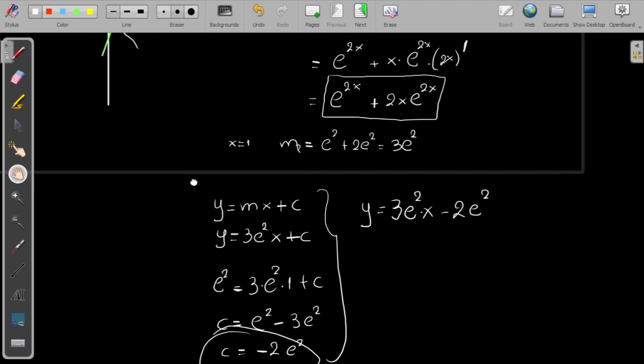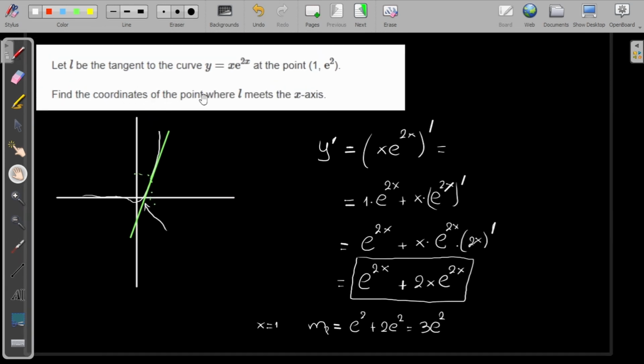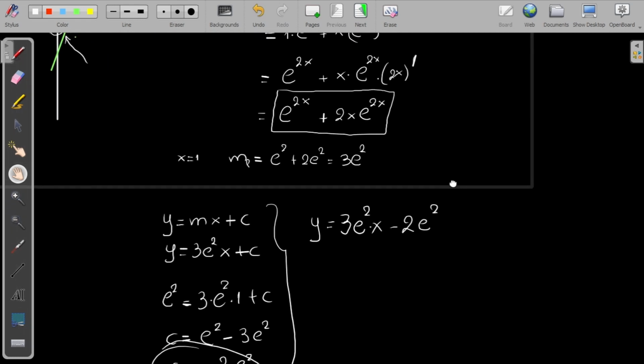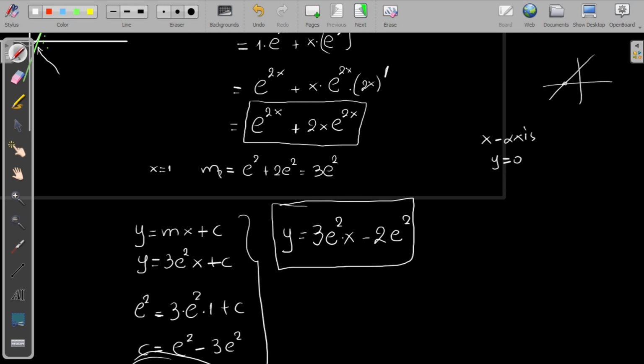Now I want to find what the question says, the coordinates of the point where L meets the x-axis. So for this line, I want to see where it meets the x-axis. Where it meets the x-axis is where y is 0, because to find the intersection with the x-axis, y is 0. So in my equation I will put y equals 0.